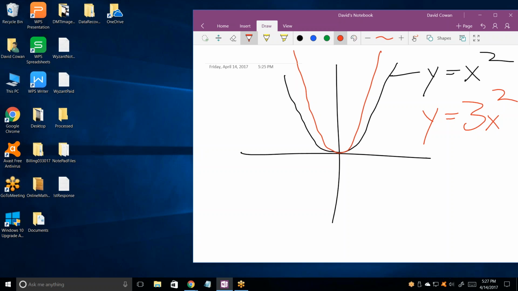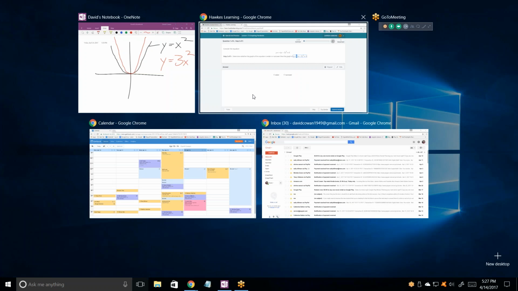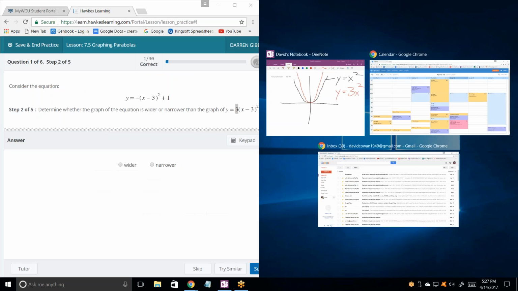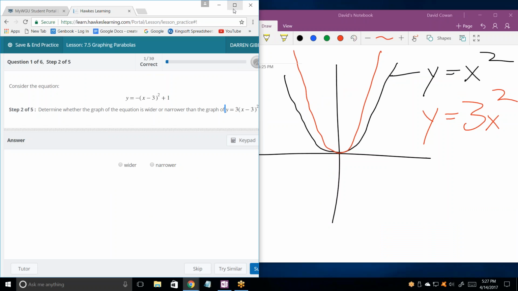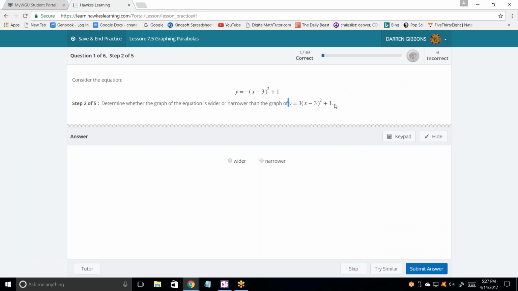So they've kind of tried to confuse us here by going in the opposite direction. Notice that the bottom function has the multiplier of 3. The top function doesn't. So this 3 is a vertical stretch factor. That makes it skinnier.